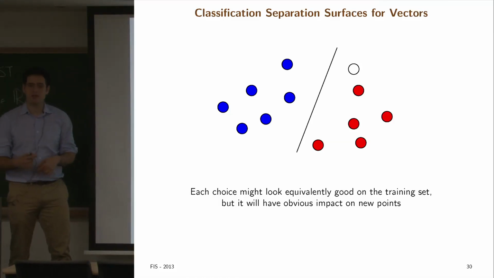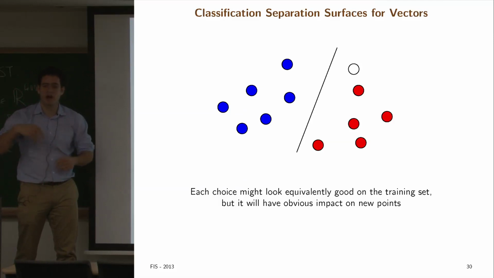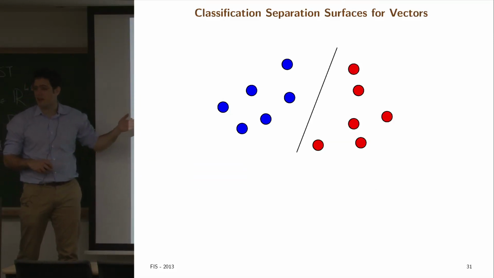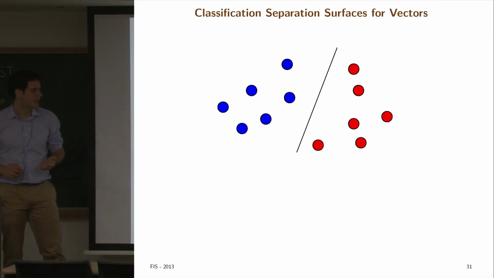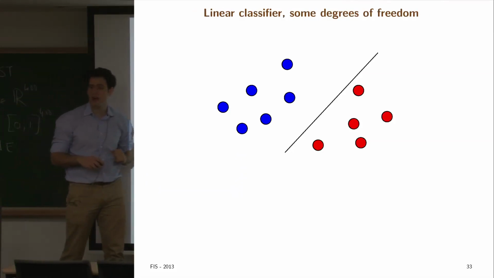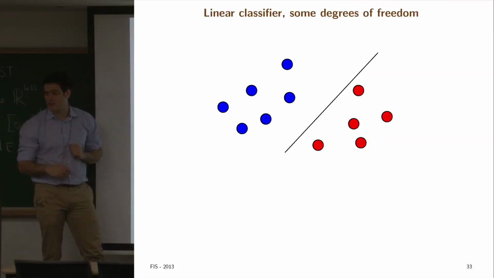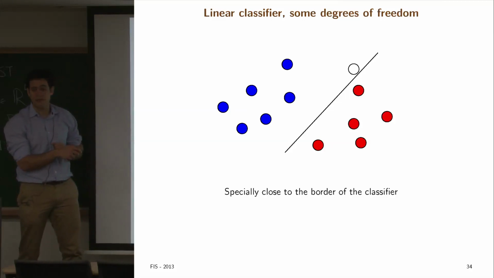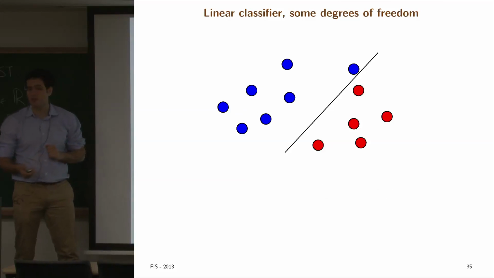But the problem is what happens when you have more points that appear after that. After you have learned C and B, after you have chosen that line. Of course, if I have a point here that appears in this area, and my choice for the classifier was this line, then this will be classified as a red. If I had a different idea of what was a good hyperplane, I might have selected this line, and this would have had consequences, because this very same point would have been classified as a blue this time.